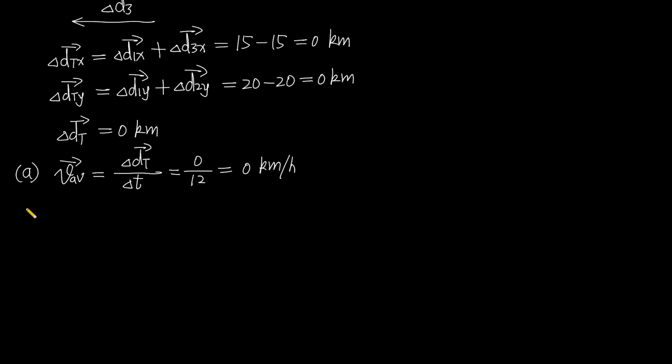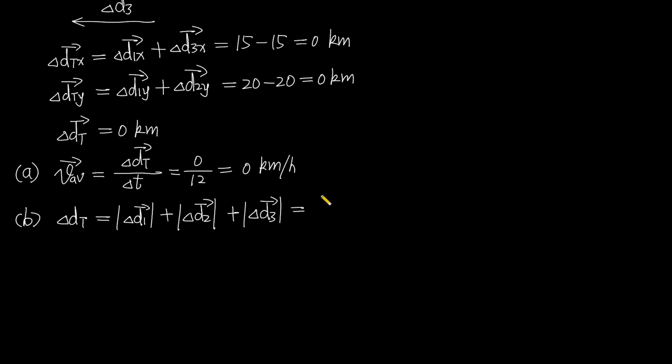Then question B. For the average speed, we need to use the total distance divided by the time interval. The total distance delta dt equals the magnitude of delta d1 plus the magnitude of delta d2 plus the magnitude of delta d3.